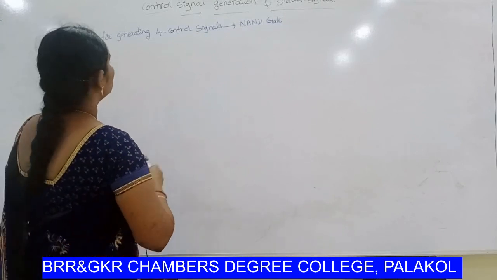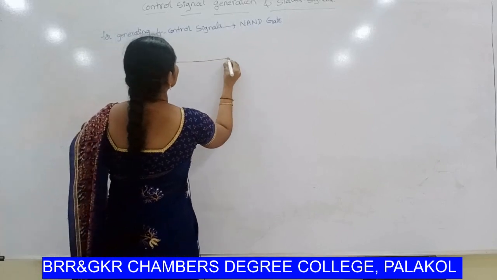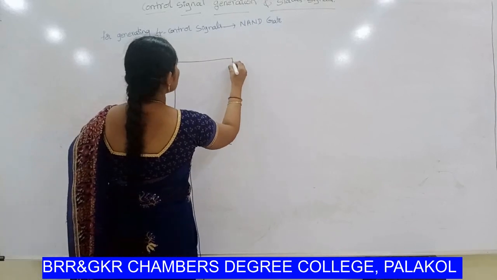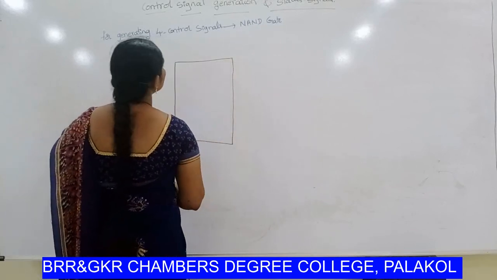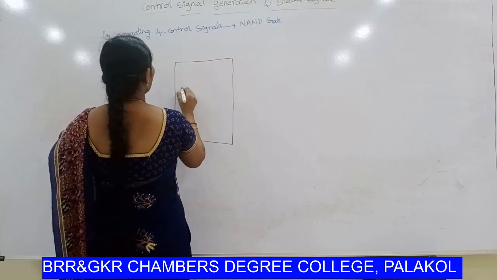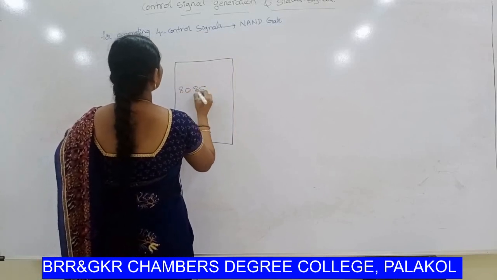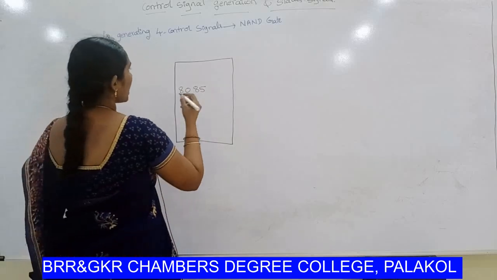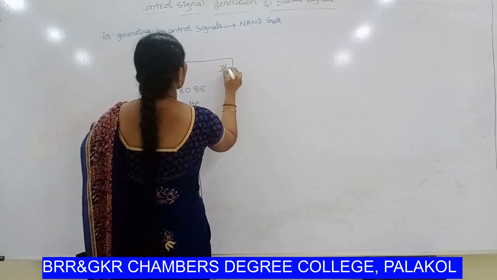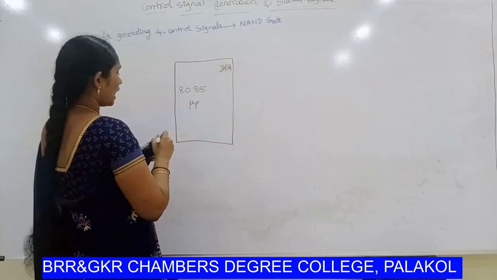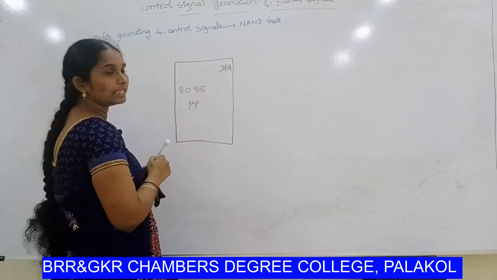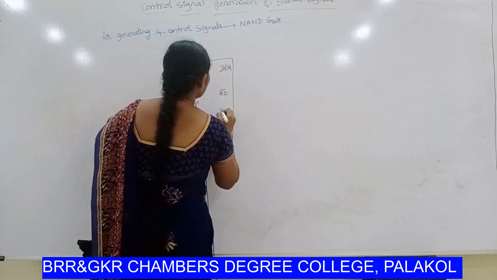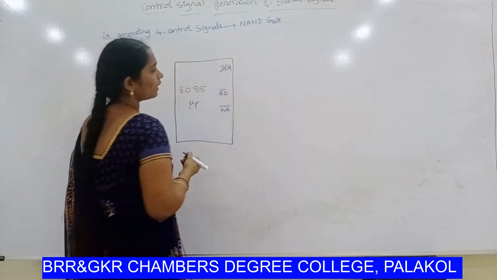Here this is the diagram for how to generate these control signals. This is an 8085 microprocessor. The 8085 has a status signal, IO by M bar, and two control signals, read bar and write bar.